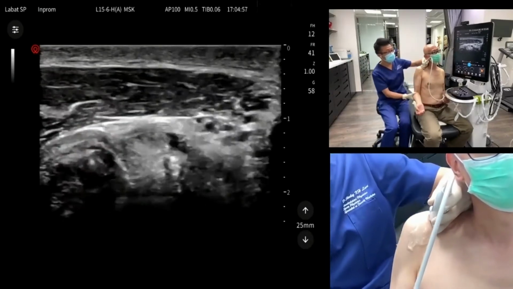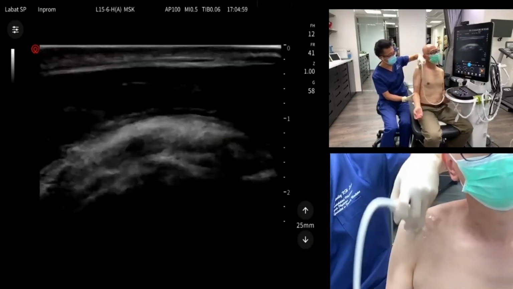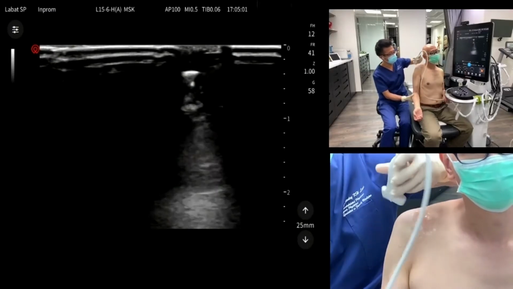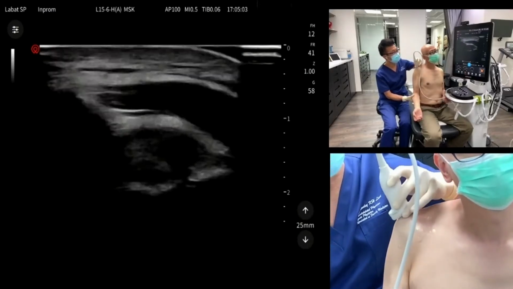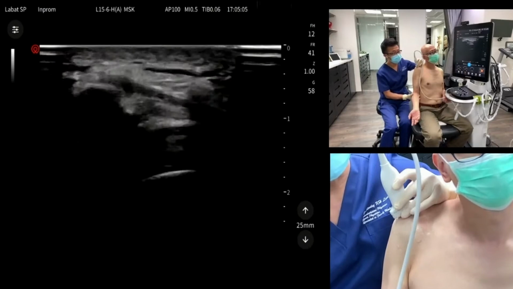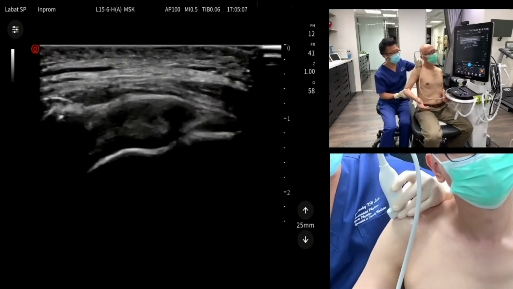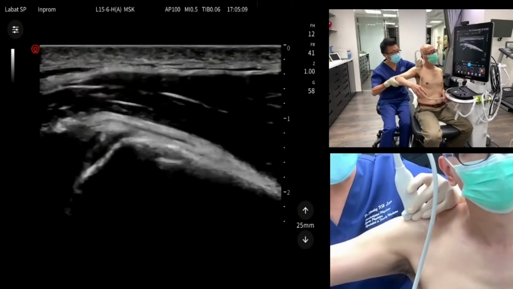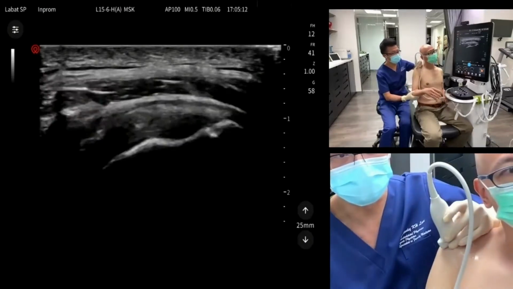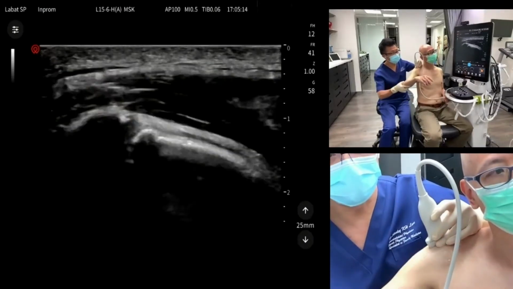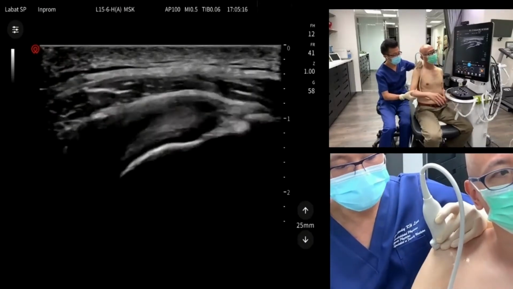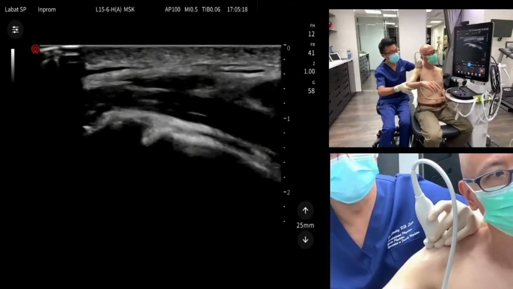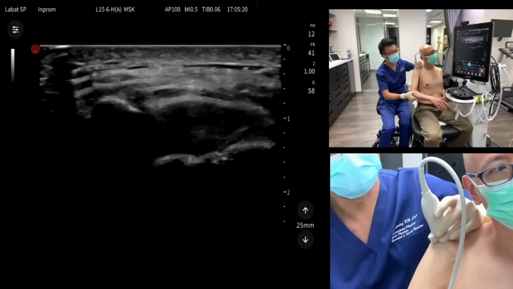Okay, so this time I'm trying to show another very common problem, which is impingement. When you ask the patient to do an impingement movement, remember you're following the range of movement of the glenohumeral joint.